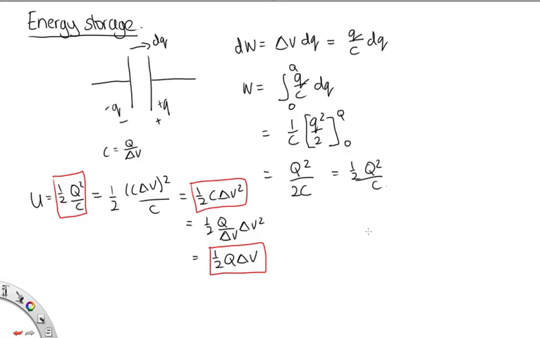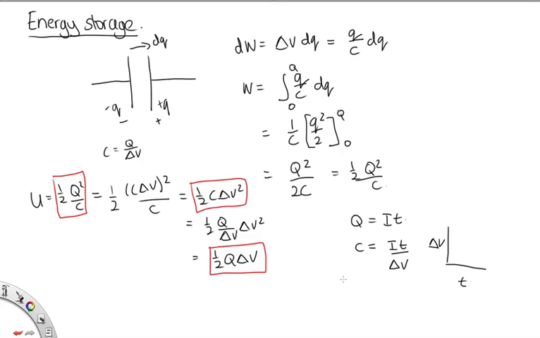Now, one other thing we should know is if we charge a capacitor up with a constant current, then Q, the charge, will equal the current times the time. So we can write that the capacitance is equal to Q, which is the current times the time, over delta V. And if this is a constant current and a constant capacitance, then you can see that you're going to have a straight line on the graph of voltage versus time.